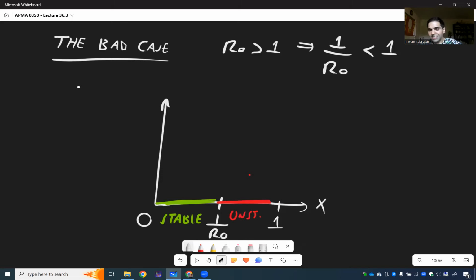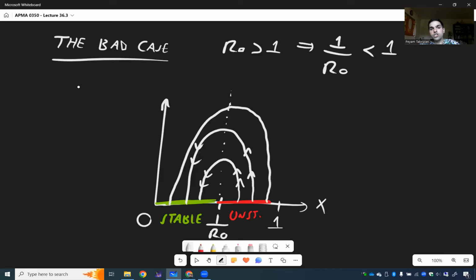And in this case, you actually do have a sudden rise in infections. So you can actually show, and once again, the details are in the notes, that solutions go up and then eventually go down, kind of like this. In particular, you might have no one infected at first, and then suddenly people get infected, and eventually things calm down. And in this case, when the solutions go up, that's what we call an outbreak.